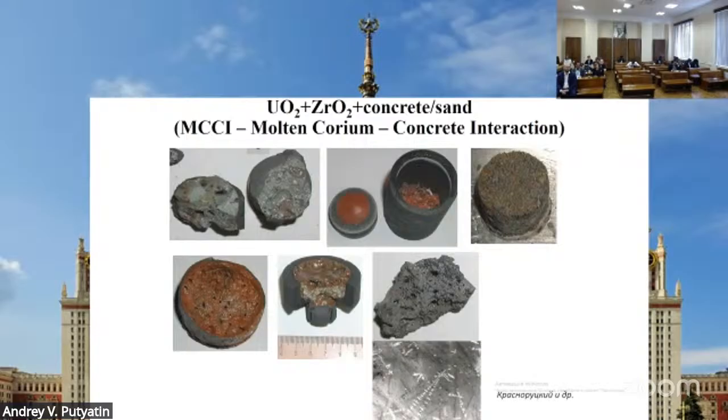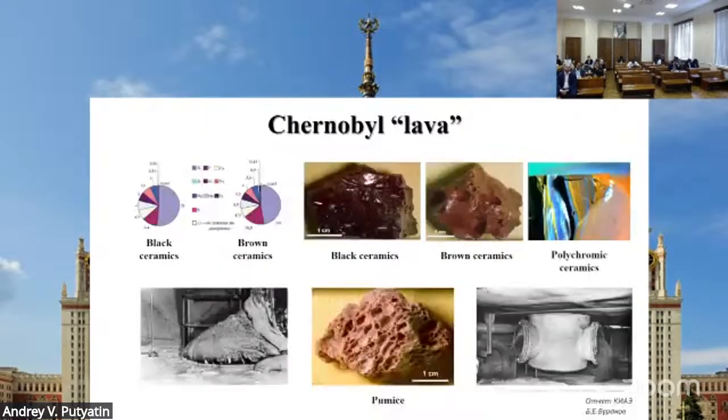You see some images from the experiments. These are graphite capsules. You have some reddish or brownish or gray glass or ceramic, which was formed during the interaction between uranium dioxide, zirconium dioxide, and sand or concrete.